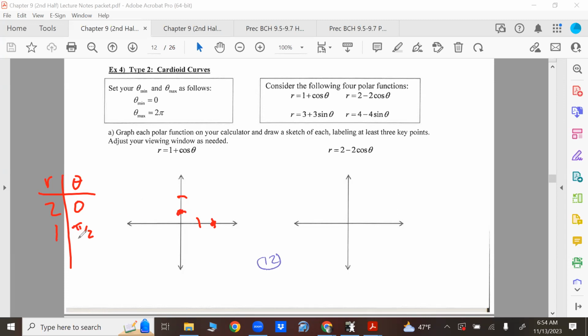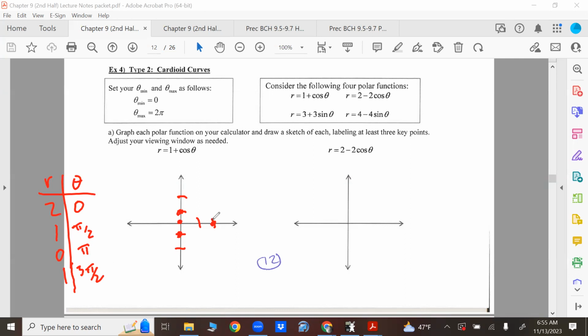And if theta were, say, pi, you get 0 for the radius there. At 3 pi over 2, you get 1 again, because cosine of 3 pi over 2 is 0. And again, we have a point at the pole, r is 0 at pi.